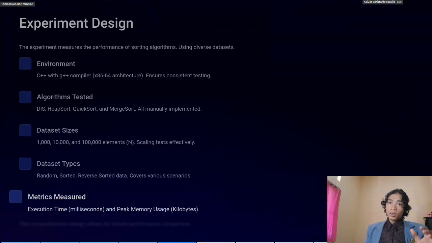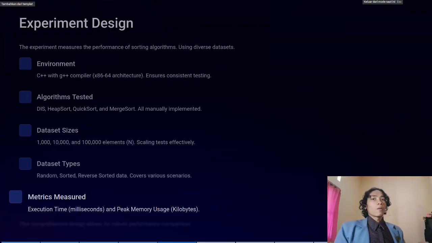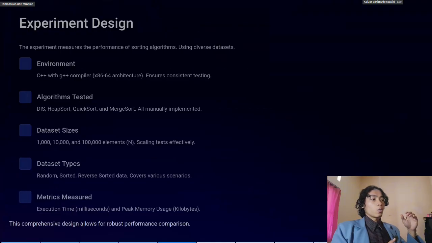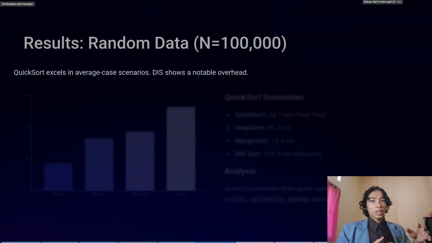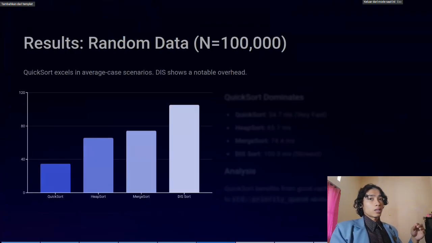Now let's take a look at the results. For random data with 100,000 elements, the outcome is very clear. Quicksort is the champion, finishing in just 34.7 milliseconds.